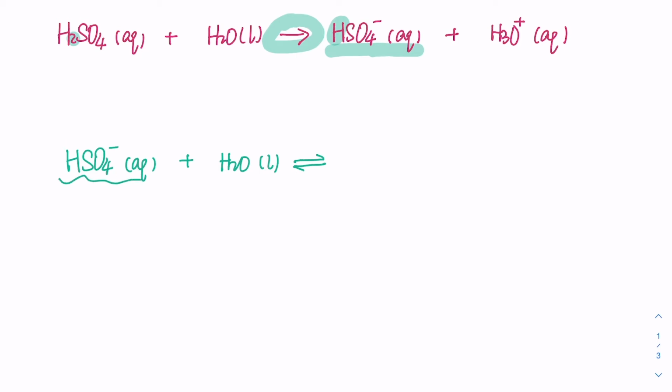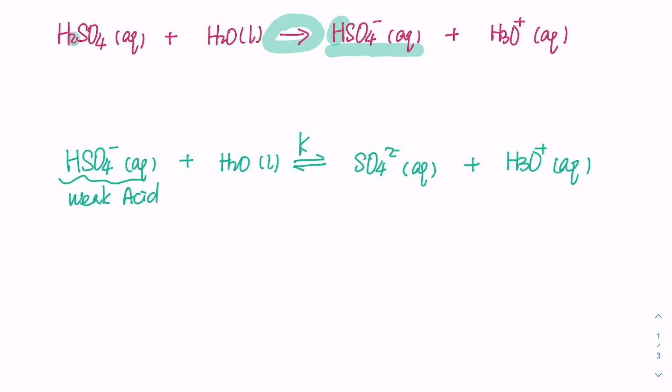Why? Because HSO4 minus is a weak acid. So you're going to produce sulfate ion and hydronium ion. These are the two equations involved.